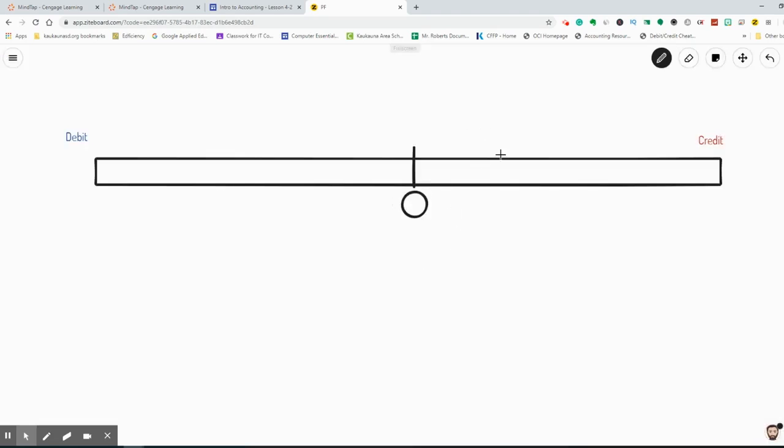Okay, so if we look at this, I want you guys to think, well, we're using cash here, so let me just put cash up top. Every single account starts with a 0 balance. And this is how I just want you to kind of picture this for now, because a lot of people have trouble with this. And depending if it's a debit or credit, it can move this balance left or right.